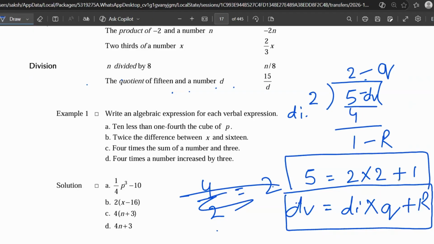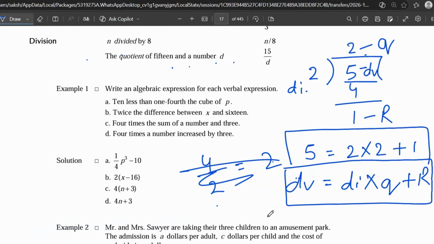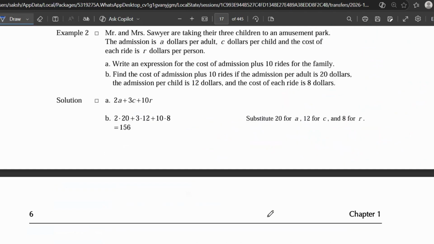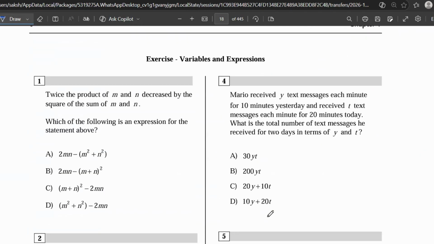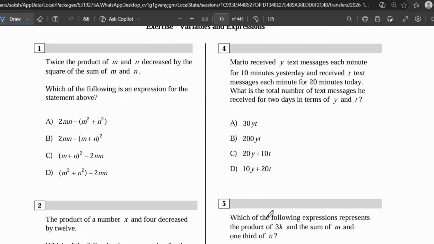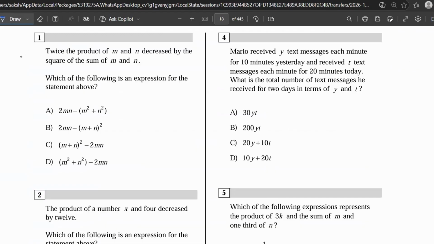Okay. Now let's do some questions based on this. For the first one: twice the product of m and n decreased by the square of the sum of m and n. For this, what will you write in expression format?